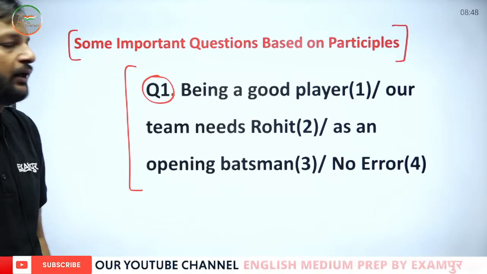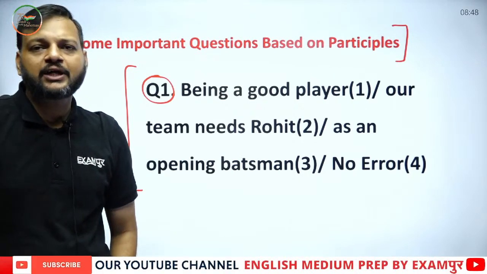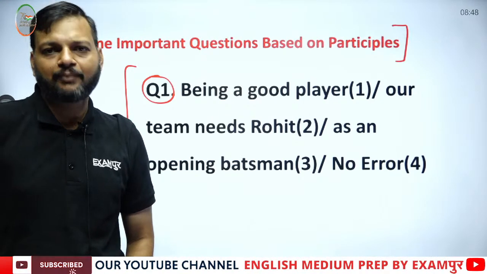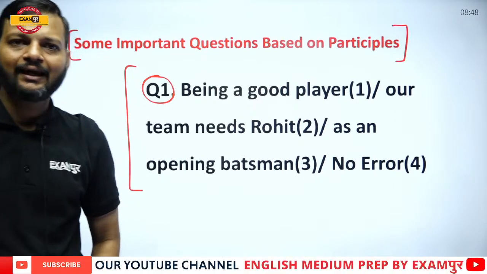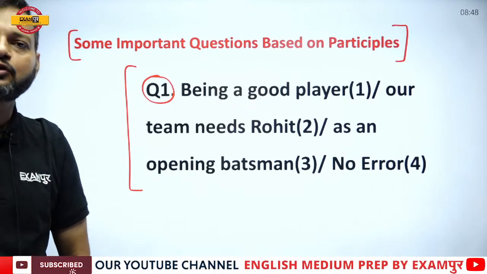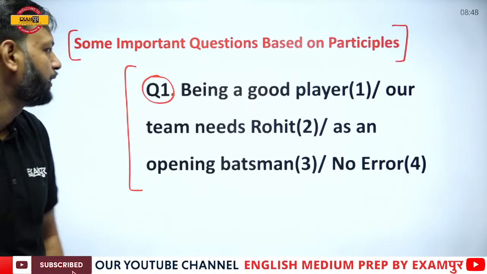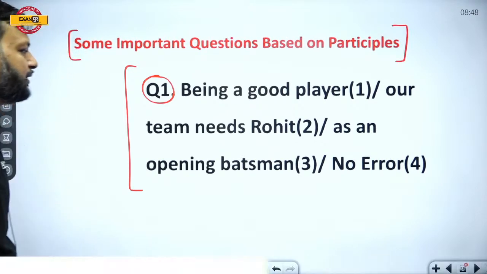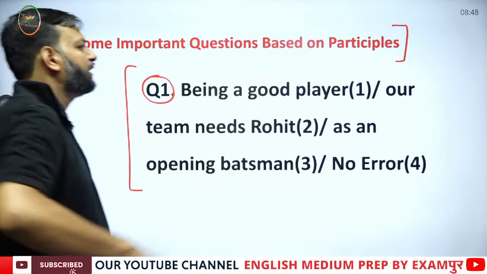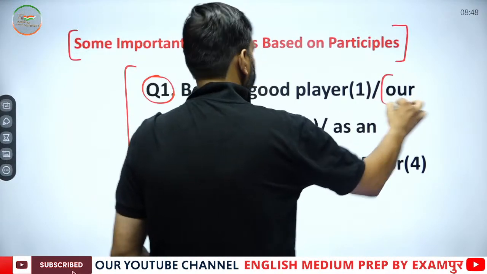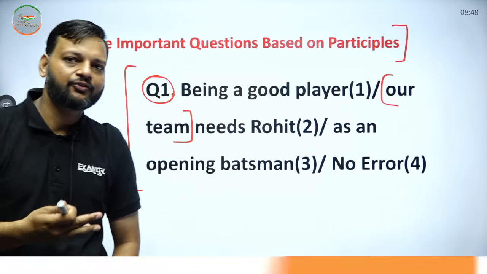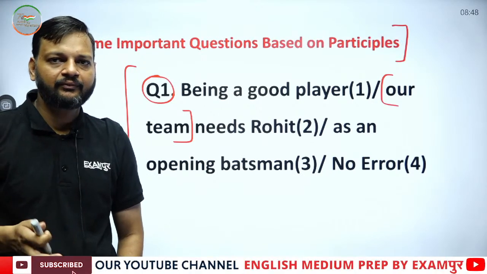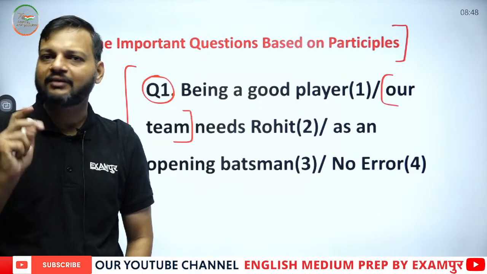See, the very first thing is to check for the misrelated participle. Misrelated participle means both the clauses must have a common subject. Subjects should not be different. Now, as we can see, the subject of the main clause, the second clause, is our team.